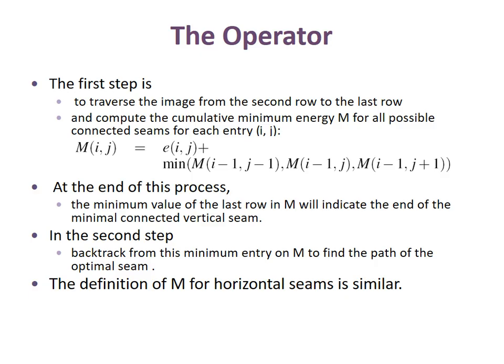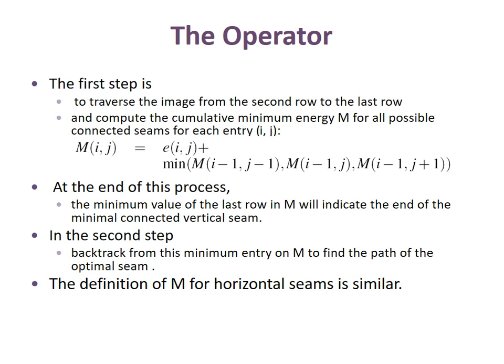Then we can calculate the accumulated result when we travel from (i, j) to the next point of the seam. In this way, we have the cumulative minimum energy map M(i, j). At the end of this process, the minimum value of the last row indicates the minimum total energy of the vertical seam.